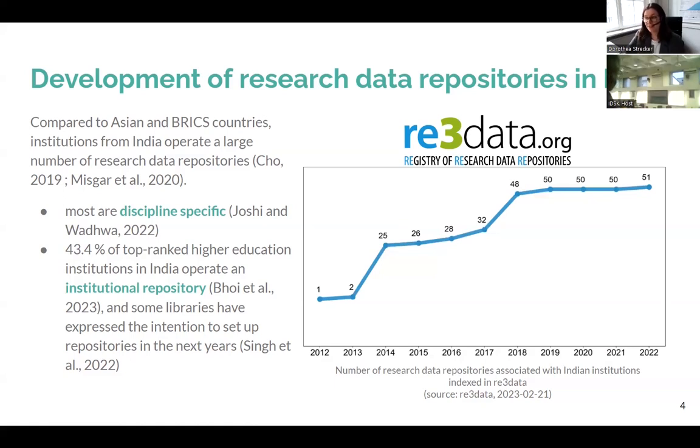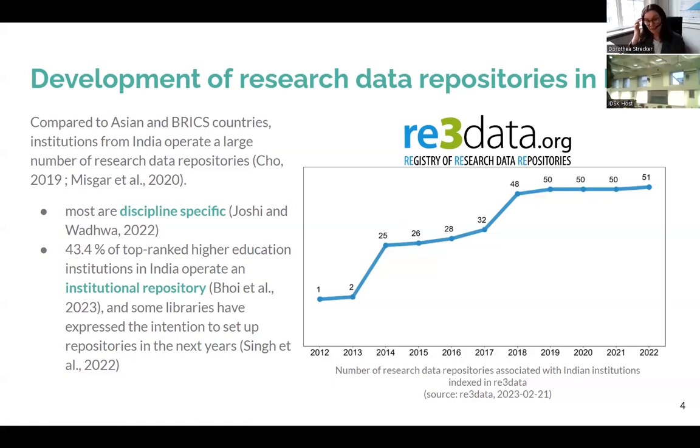At Re3Data, we have the suspicion that we do not cover all Indian research data repositories at the moment, but we are very interested to increase that number if we have any blind spots or if we missed anything. So we are very open to collaborating on covering the Indian research data repository landscape more comprehensively.